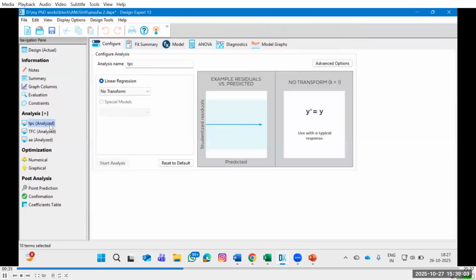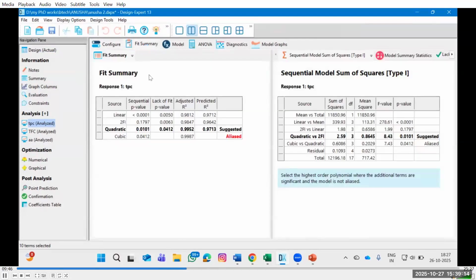In analysis, first we'll analyze each dependent variable for its statistical parameters. So this is the TPC. First we'll go for the phenolic compound. Then we'll go for the fit summary. It will show that the quadratic model is suggested. It means the quadratic regression equation which I have discussed, with linear, quadratic and interaction terms, will be presented in a mathematical equation form.